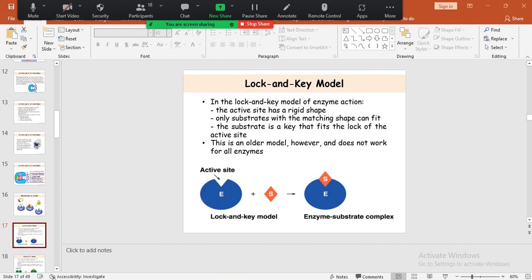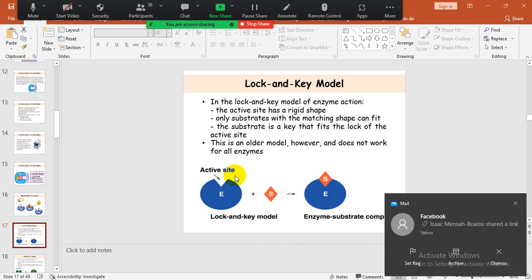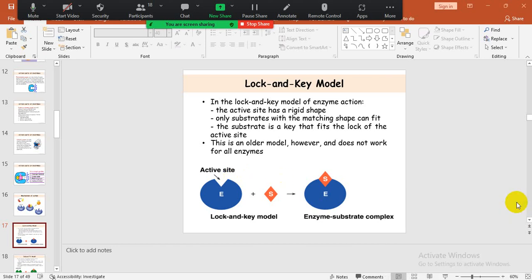So we have the lock and key model. It is like your door lock and your key. If the key is not meant for that particular door and you use it, it will not open. Will it open? No, it will not open.